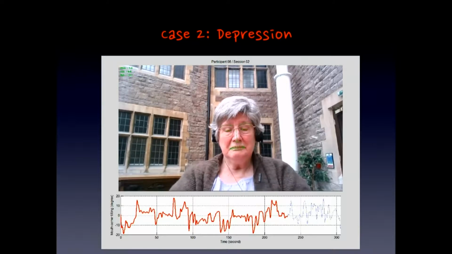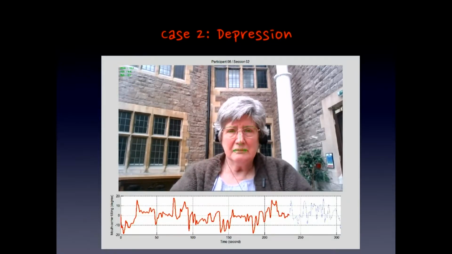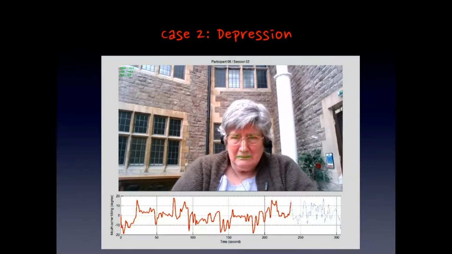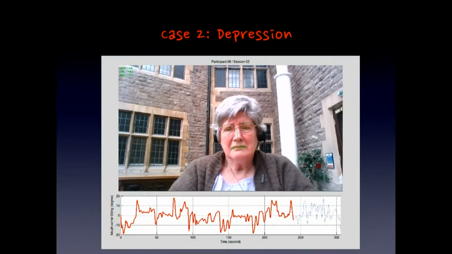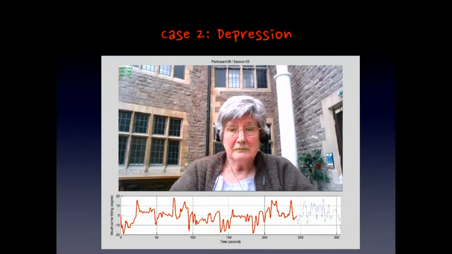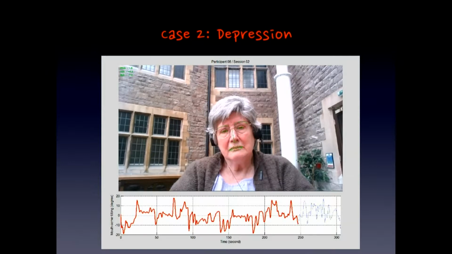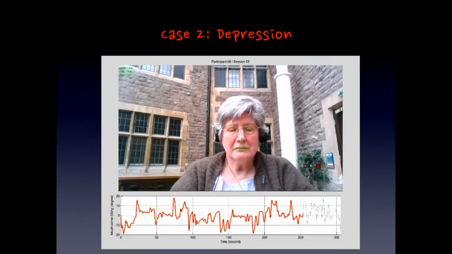But because of the negative bias, which is very typical for depression, she has a very strong disgust reaction. Even though you would expect a person to smile and laugh because you showed something funny, that was not the case. It was exactly the opposite. And this is caused by the negative bias, which is very typical for depression.